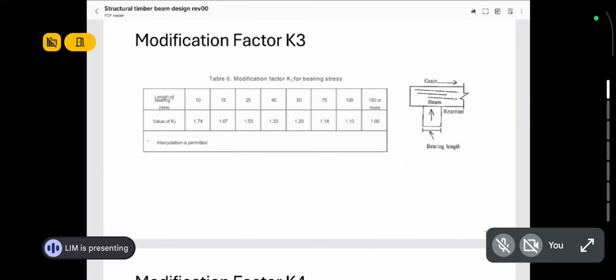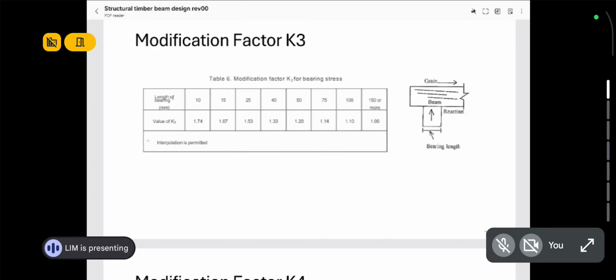Next is modification factor K3. K3 is to do with bearing length. Bearing is basically the width of the support that your beam is sitting on. If your beam is sitting on a support which is only 10 millimeter wide, then there's a very high chance that your beam can slide off the support, so you go for a higher K3.